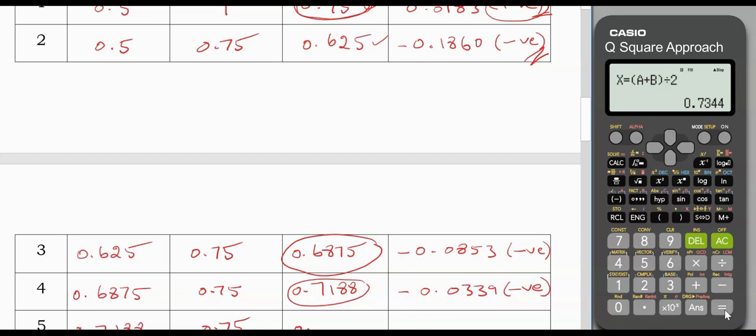So the value is 0.7344. The function value is minus 0.0078. This is also negative. The previous value is negative. If you go back, that is also negative, and if you go back, this is also negative. We are looking for a positive value. The positive value exists at 0.75.